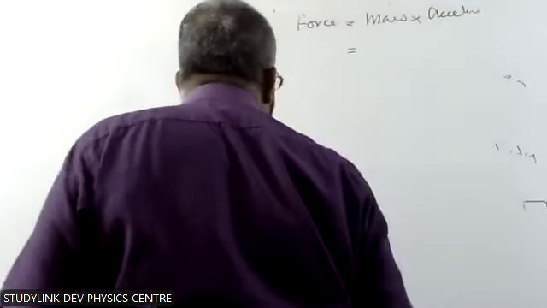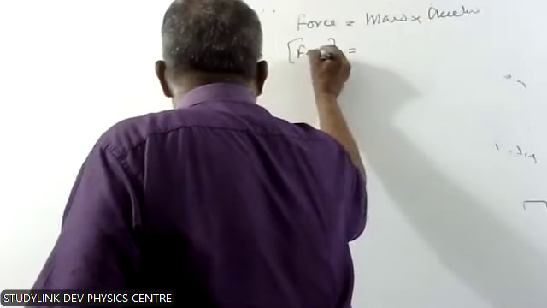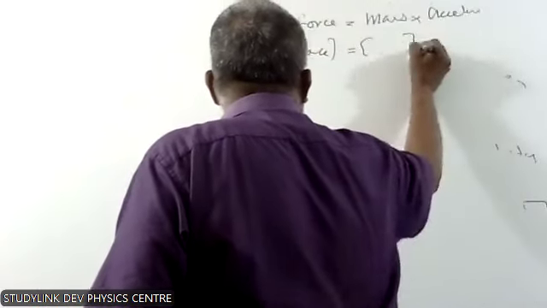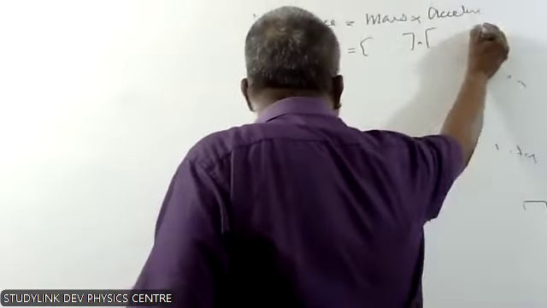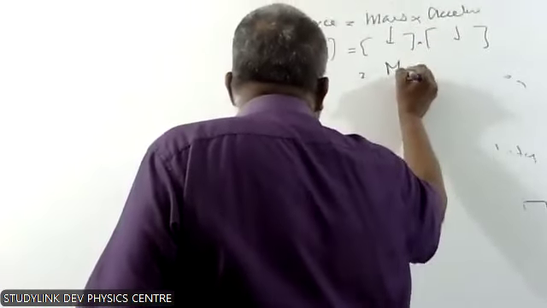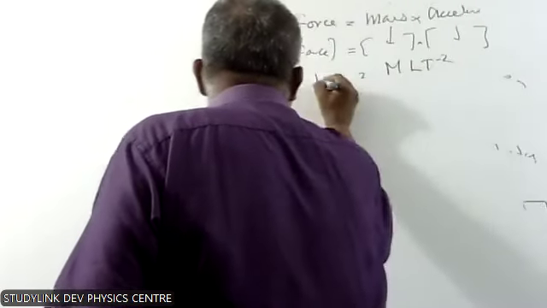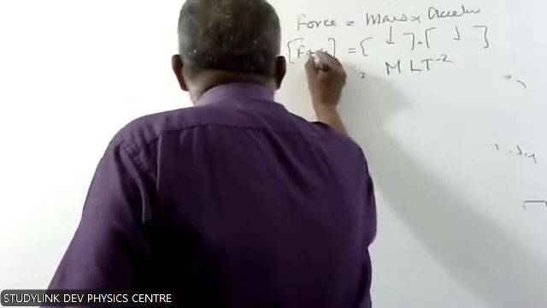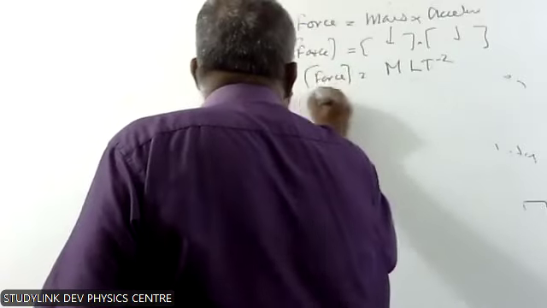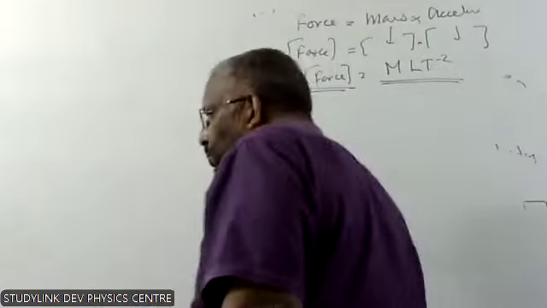So the dimension of force is dimension of mass into dimension of acceleration. Write those two. Mass is M, acceleration is LT minus 2. Then the dimensions of force is MLT minus 2.